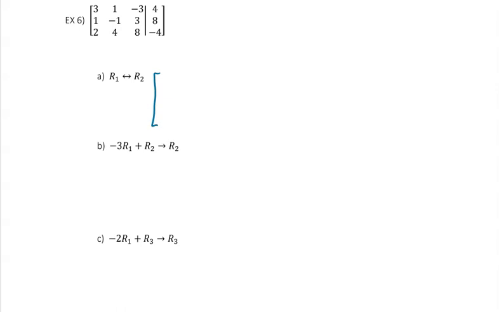So to swap, we are just going to take what was in row 2 and we're going to replace row 1 with it. We're going to take what was in row 1 and we're going to replace row 2 with it. So our new row 1 is just going to be row 2. 1, -1, 3, 8.